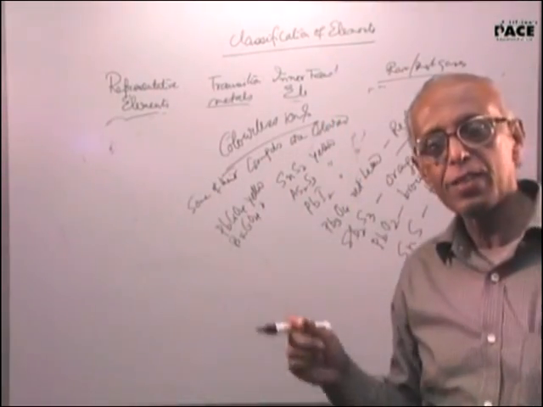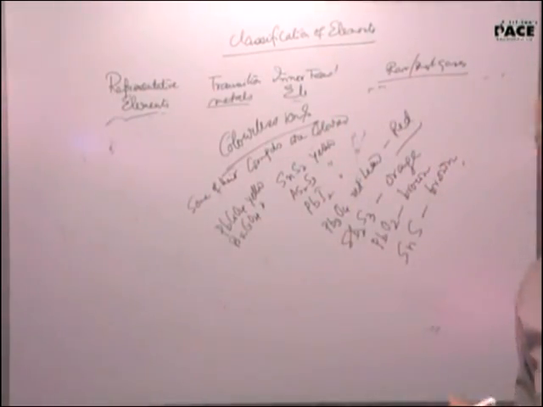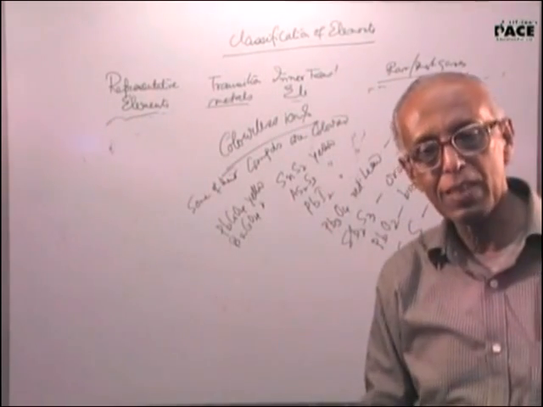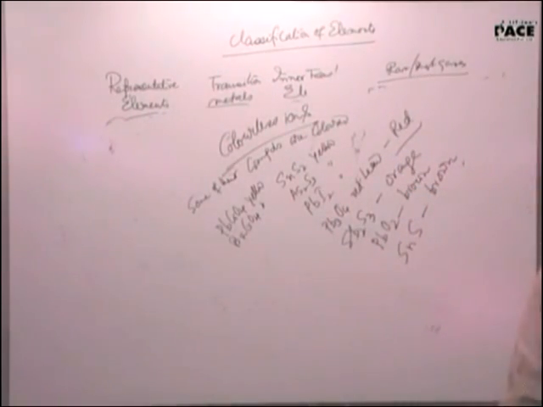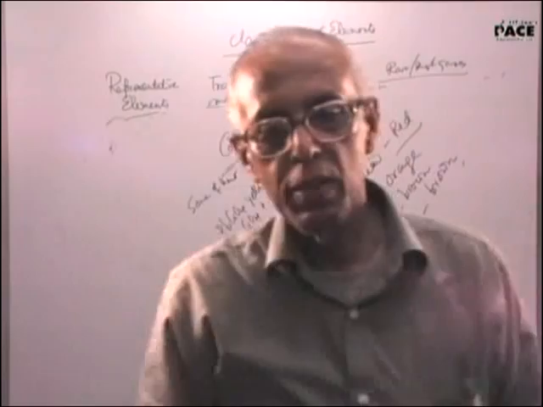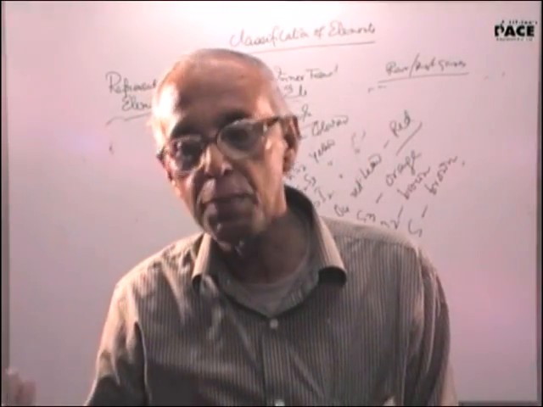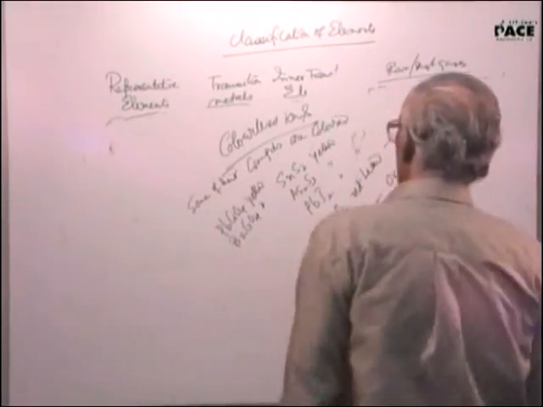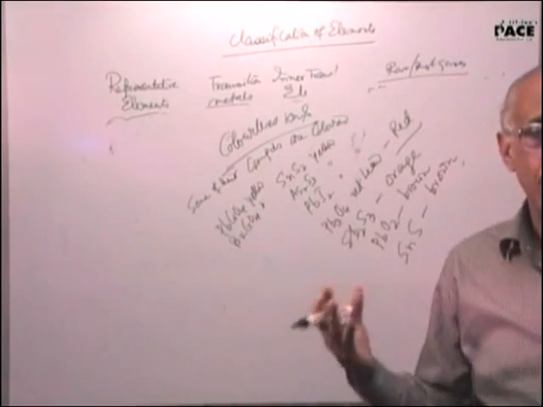We can say that representative elements, the metals, when they are in a low oxidation state, form ionic compounds. And the proof of ionicity is their conductivity in the molten state. They show two different oxidation states.